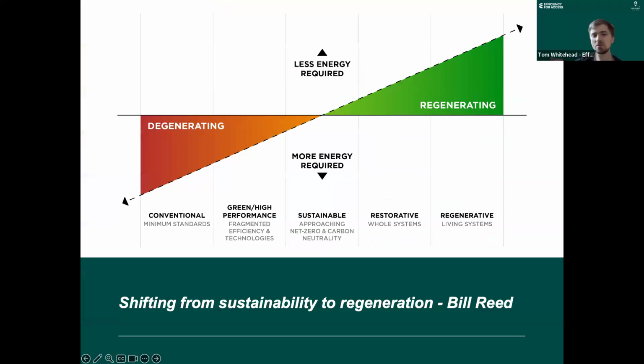So one graph that hopefully shows where we have been on this spectrum shows the more degenerative way that conventional design has gone, and this journey towards regenerative, and how it requires, as a whole, less energy inputted.